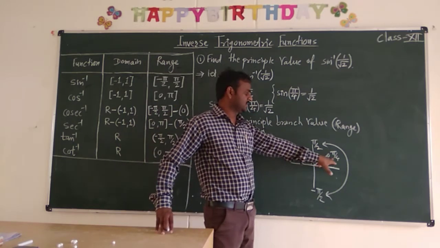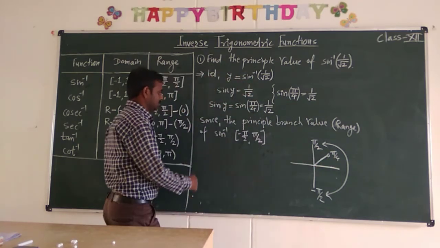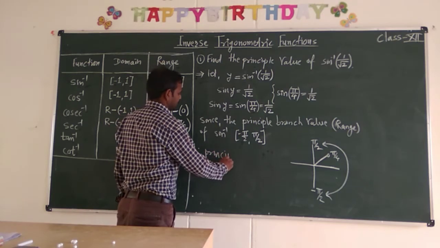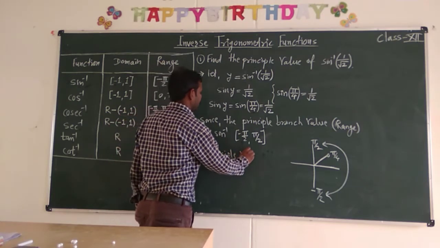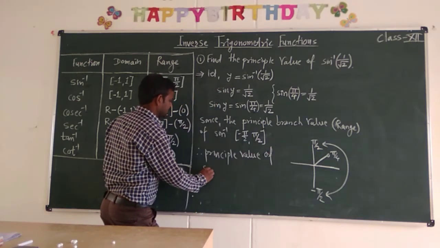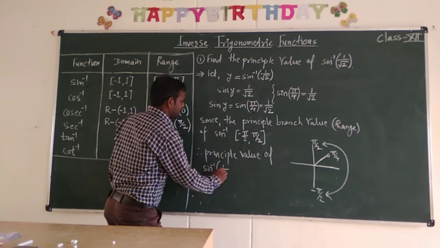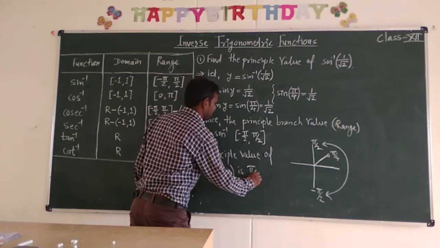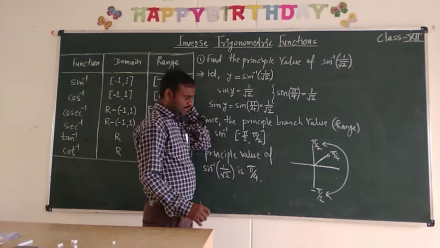Therefore, pi by 4 lies in the first quadrant. Therefore, the principal value of sin inverse 1 by root 2 is pi by 4. Okay.